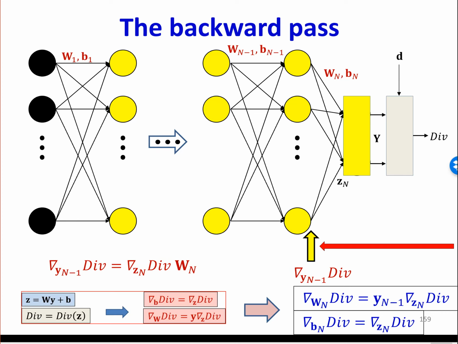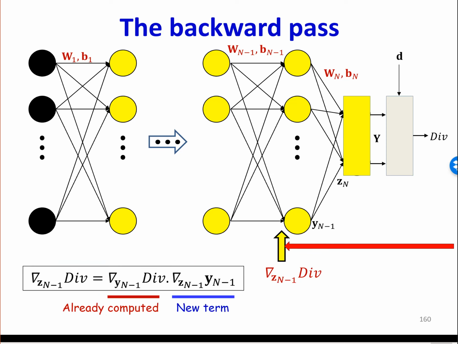Wait, just a minute. So y would be f of z. This is going to be the derivative of the divergence with respect to y_{n-1} times the derivative of y_{n-1} with respect to z_{n-1}, correct? Right. And the first term has already been computed, right?